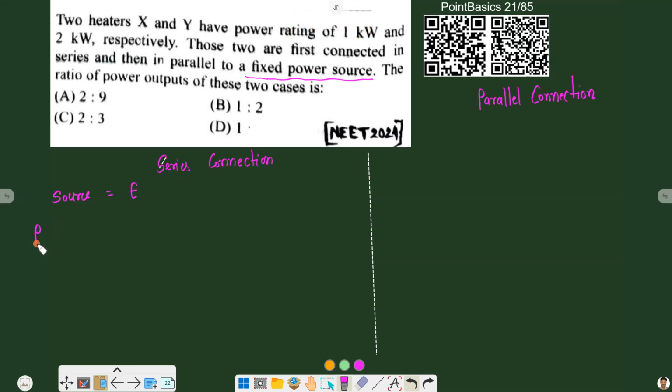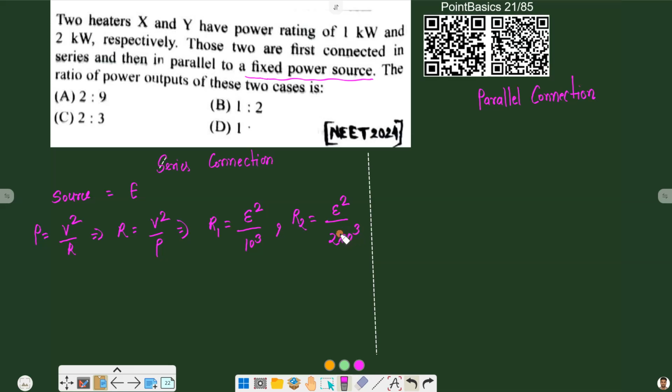So we know that power is V square by R. So R is equal to V square by P, and using this R1 will be E square by P1, that is 1 kilowatt or 10 raised to power 3, and R2 will be E square divided by 2 into 10 raised to power 3.